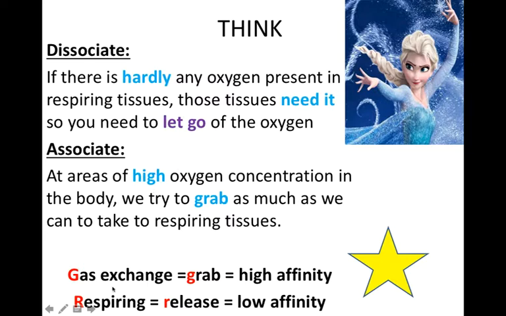To remember where this happens: you're going to associate the oxygen onto the hemoglobin at the gas exchange section, basically in the lungs. You're going to dissociate at respiring tissues, such as muscles and any of the organs, where you release it. So it associates in the lung and dissociates at the tissues, specifically the respiring tissues.